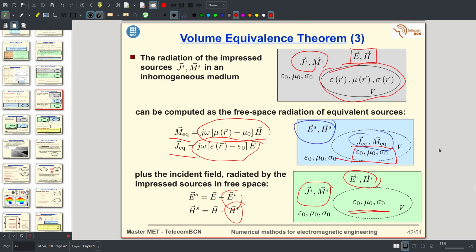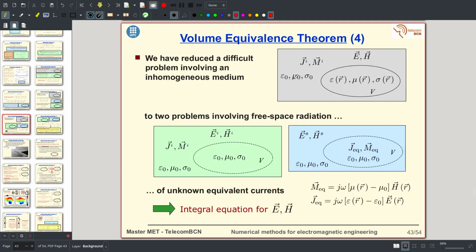So we have now two free space problems, and we just have to add the total field equal to the scatter field due to the equivalent currents plus the incident field due to the impressed currents in free space, okay?